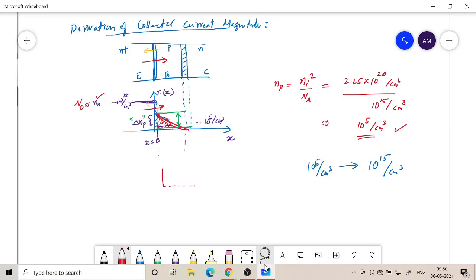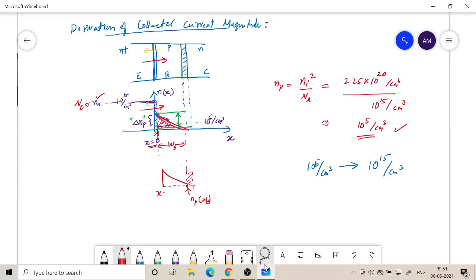So this is the base width, and roughly you can approximate it like this. Okay, so there is a depletion region which is due to the collector base region. So here there are no charge carriers, so we know that the value of NP at this particular width, say W, so let us take this as W or WB for base, and we will take this as x is equal to 0 at this point.